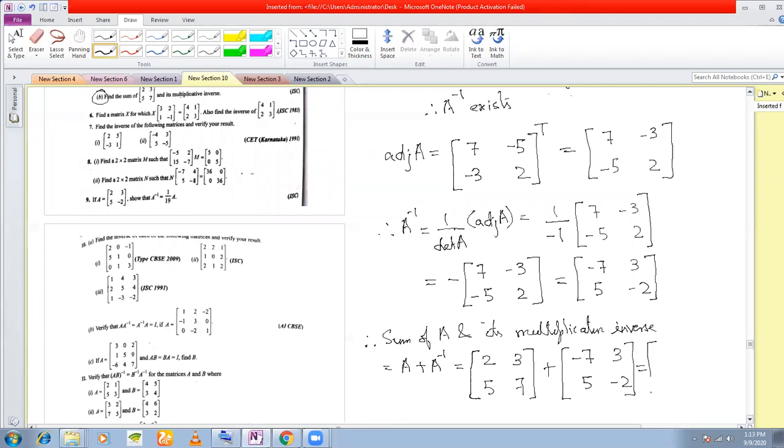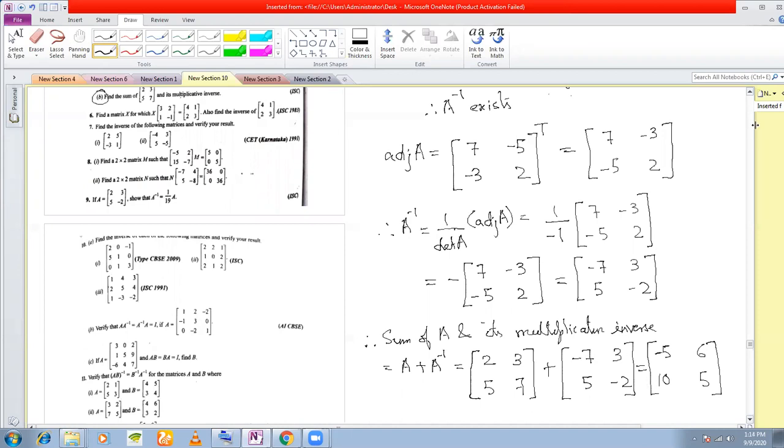You add up: 2 minus 7 is minus 5, 3 plus 3 is 6, 5 plus 5 is 10, 7 minus 2 is 5. So this is the sum of the matrix A and its multiplicative inverse.